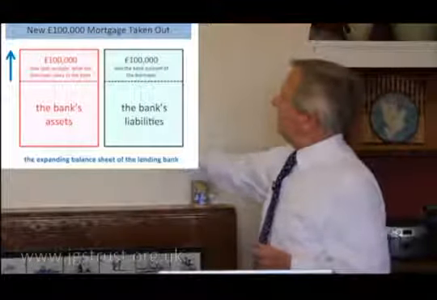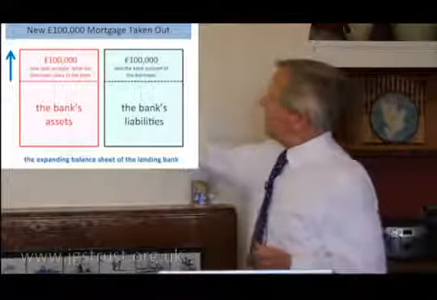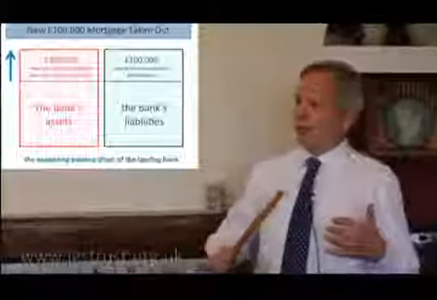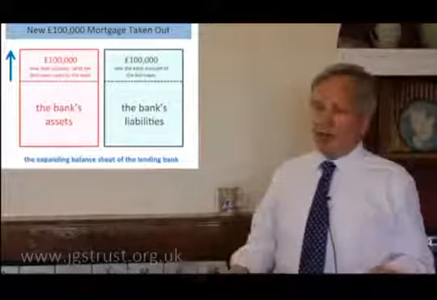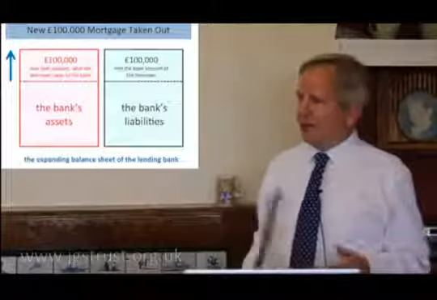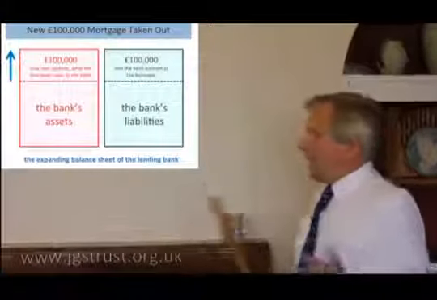The bank's assets go up 100,000 because this person who walked in the door now owes the bank £100,000, which wasn't owed to the bank before. So the bank's got £100,000 extra assets to what it had before the event. How is that balanced?